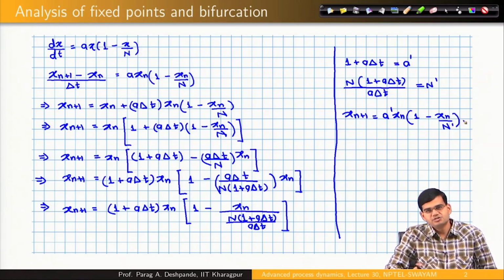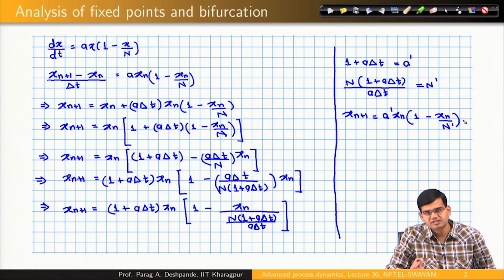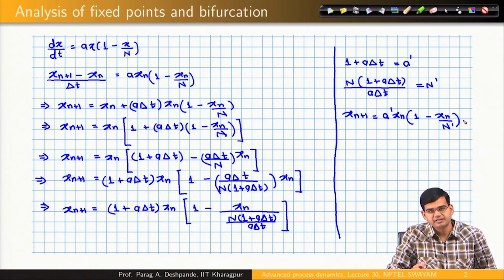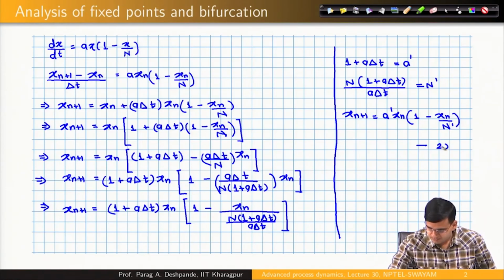And this form looks familiar because my dynamical equation in the continuous domain was dx/dt = a x (1 - x/N), and in the discrete domain the form is very simple and very similar: x_{n+1} = a' x_n (1 - x_n/N'), right.